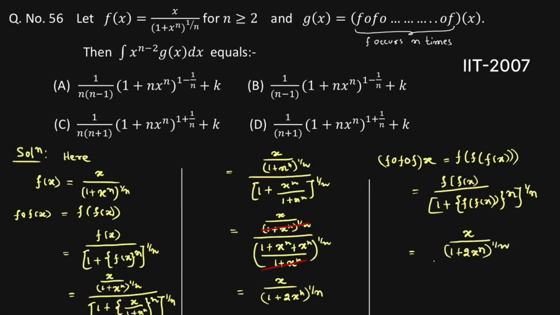x upon (1 plus 2x to power n) to power n, whole to power 1 by n.